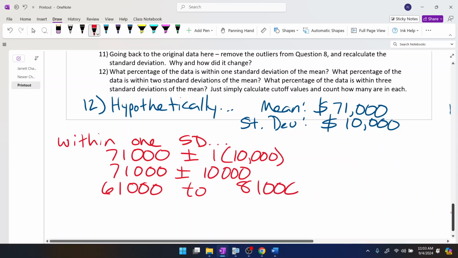And how many pieces of data were in this particular question? 100. So you just count how many are in between, and that'll be your percentage. You can look at the data, sort it, and between 61,000 and 81,000, let's say there are 81 pieces. I don't know the exact number. So it would be 81%.